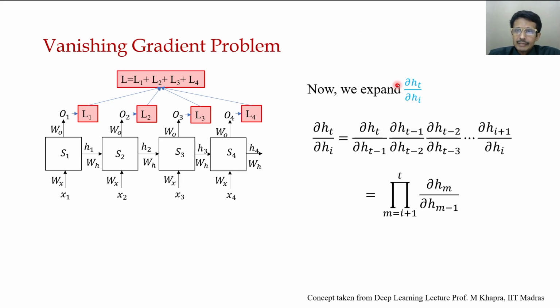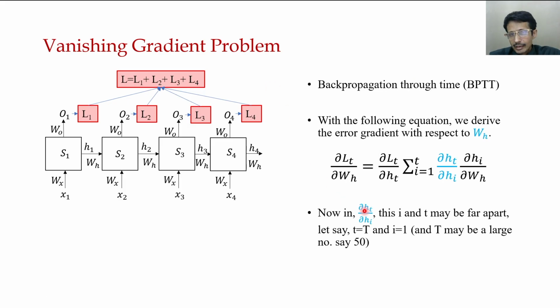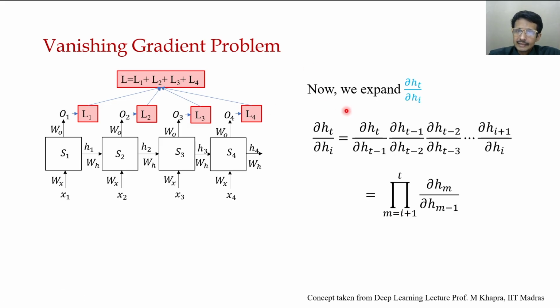Now here, if we expand this del of ht by del of hi, then what we get is del of ht by del of ht minus 1, and so on, this kind of chain rule.